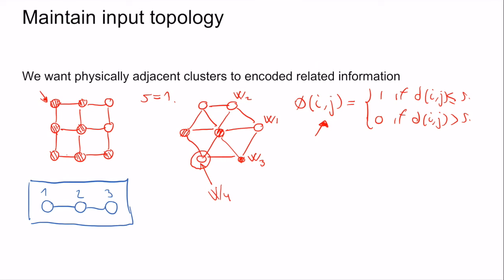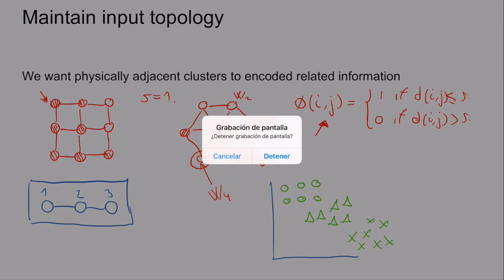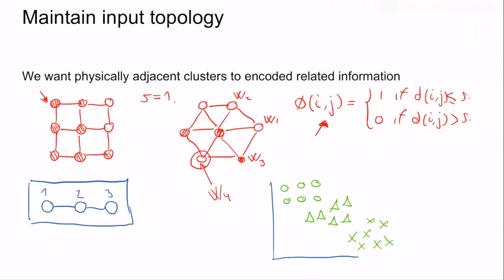And what we will see in practice is that if these were my movies, the different genres, sci-fi, maybe action, and drama, something like this, then this neuron here, if we apply this neighborhood function, will be updated both when neuron 3 is updated, but also when neuron 1 is updated.